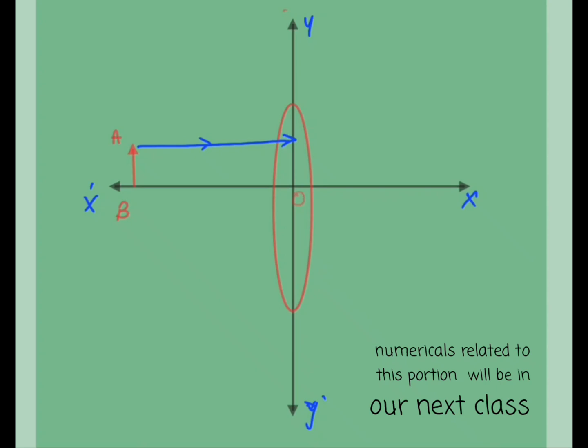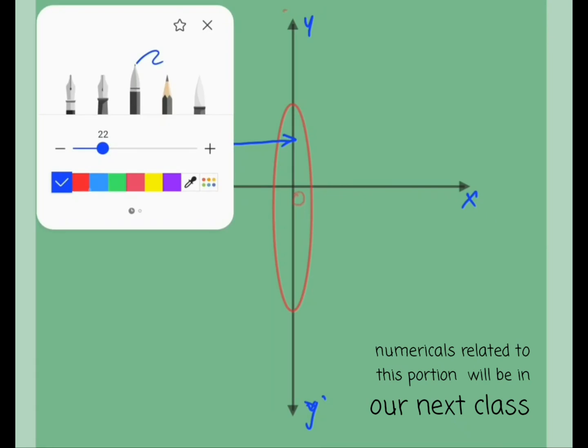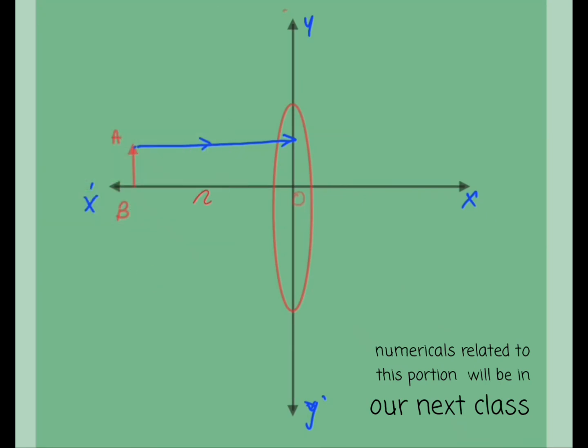And as I told, all the measurements which we take in the direction towards the left side are taken as negative, and on the right side we take it as positive.